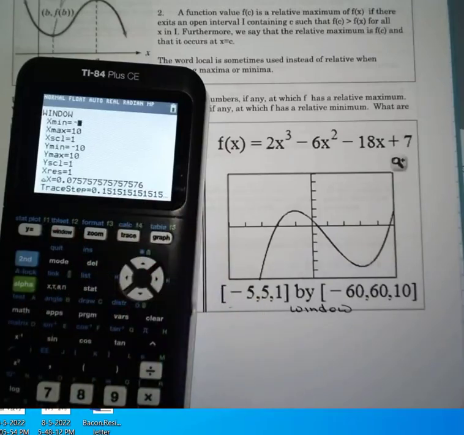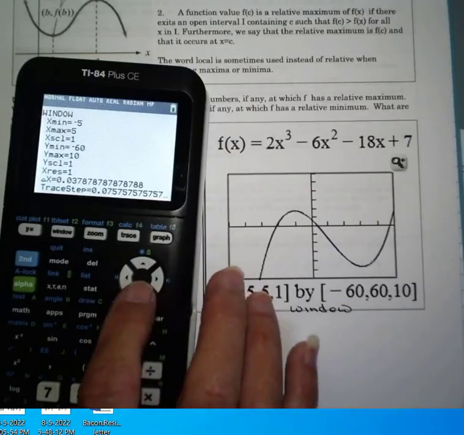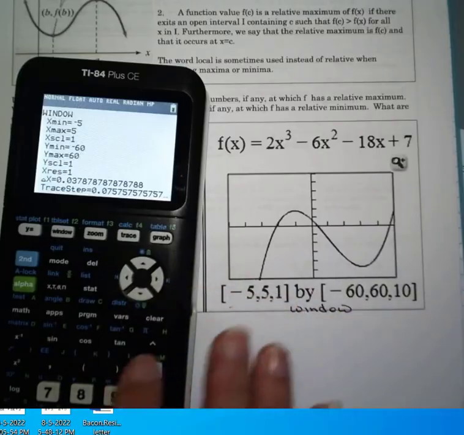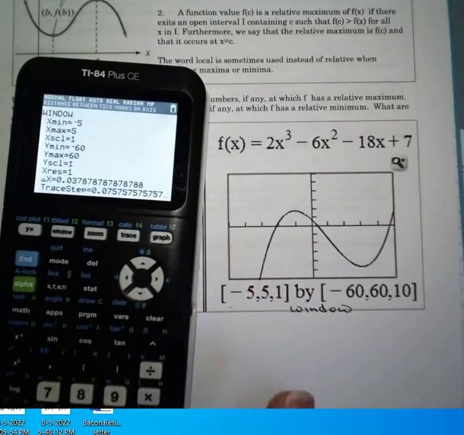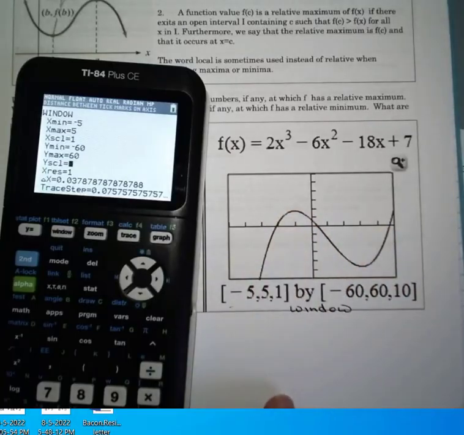For x, I'm going to say negative 5, and the high is going to be 5, in increments of 1. For y, I'm going to do something a little different: negative 60, positive 60, and increments of 1. So it's going to be a little distorted, but it allows these peaks and valleys to actually show on the screen. Otherwise, if you tried it, it probably wouldn't.